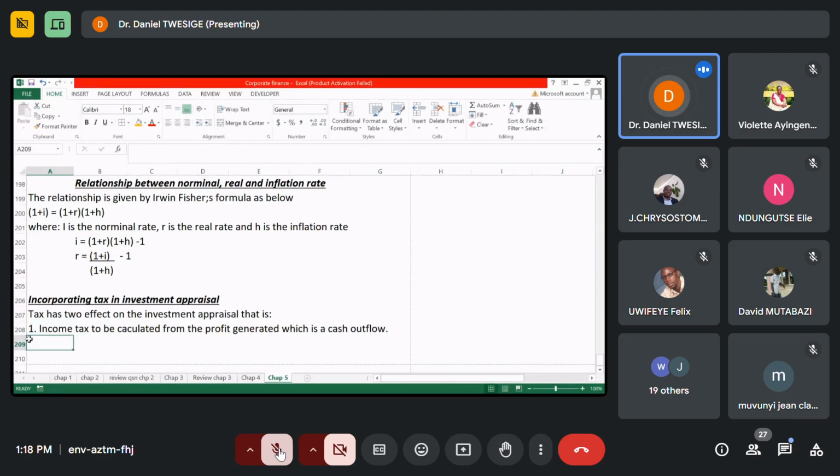Effect number two on tax is the tax allowable depreciation. So depreciation is an allowable expense for tax.